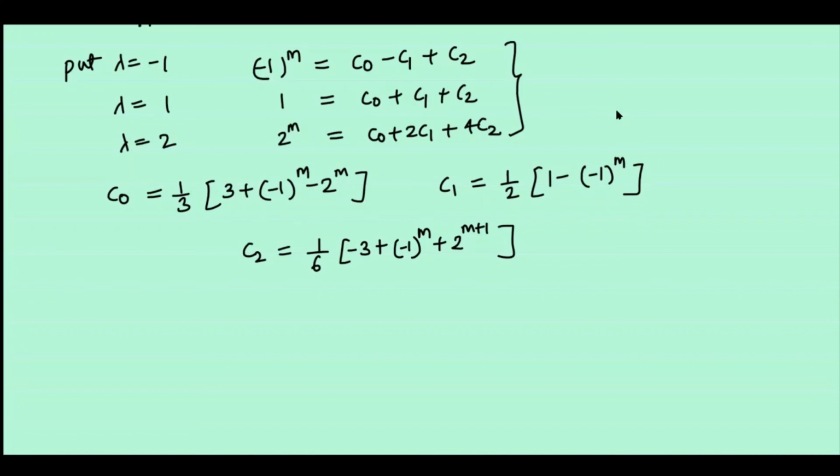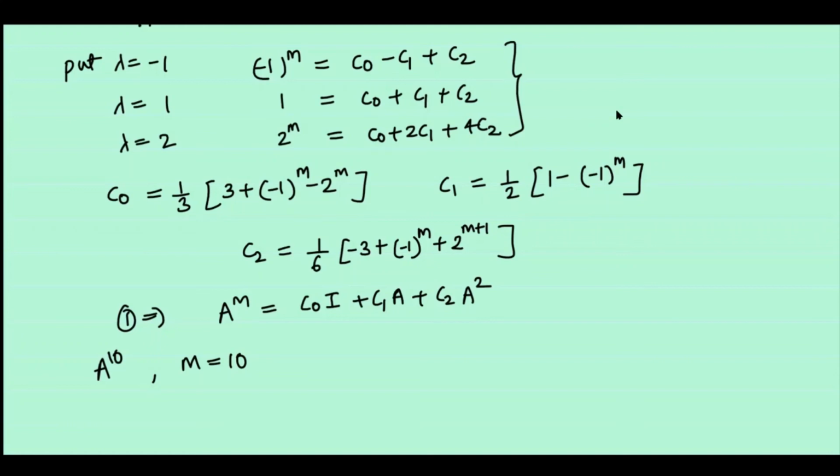So after getting C0, C1 and C2, we can substitute here. We have the general formula A raised to m equal to C0 I plus C1 A plus C2 A square, our equation number 1. So for example, if we want to compute A raised to 10, you have to put m equal to 10 here. In this equation, if you put m equal to 10, we will get C0, C1 and C2, and then substitute in equation 1.